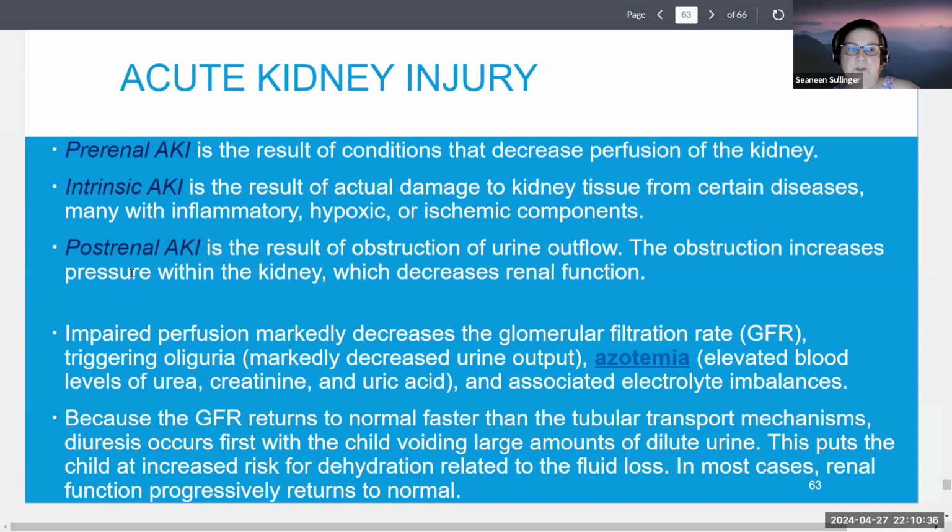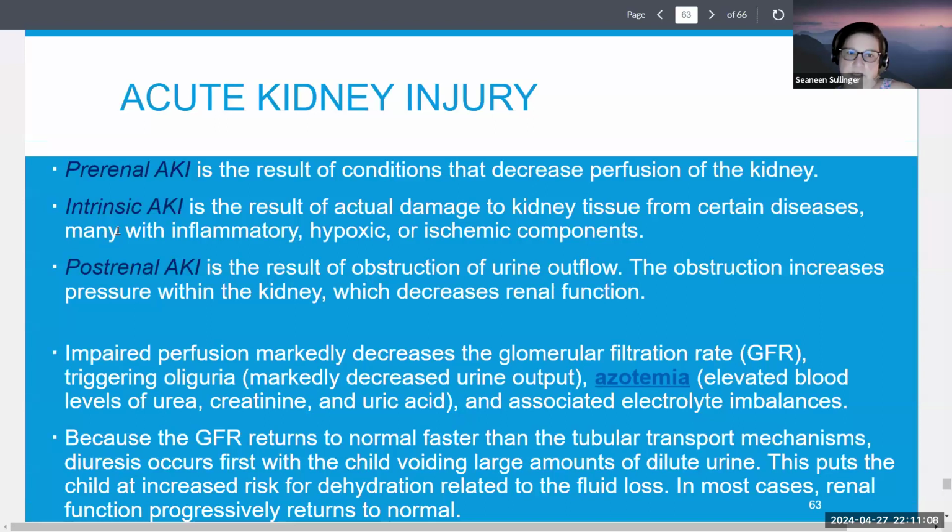You have things that are pre-renal, before the kidney injury, intrinsic, having to do with the kidney itself, or post-renal, being after the kidney. If you start with post-renal, it's an obstruction. It doesn't have to do with the kidneys. It's after the kidneys have filtered out the urine. So there's some kind of obstruction, like a kidney stone, something that will decrease the function.